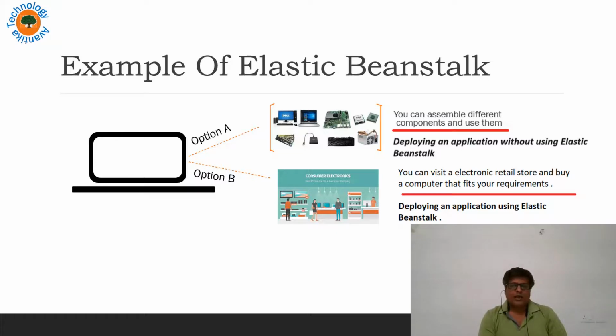I just want to demonstrate this via an example. Suppose you are seeing the slide where in option A, if you want to assemble a computer, then you go and you assemble it. You need different components there, and you assemble them and use them. But this is not the Elastic Beanstalk style.